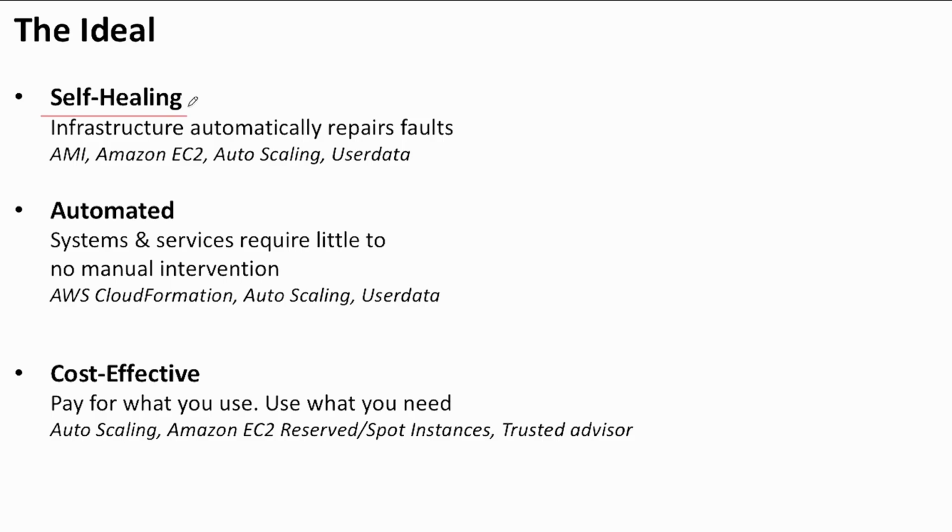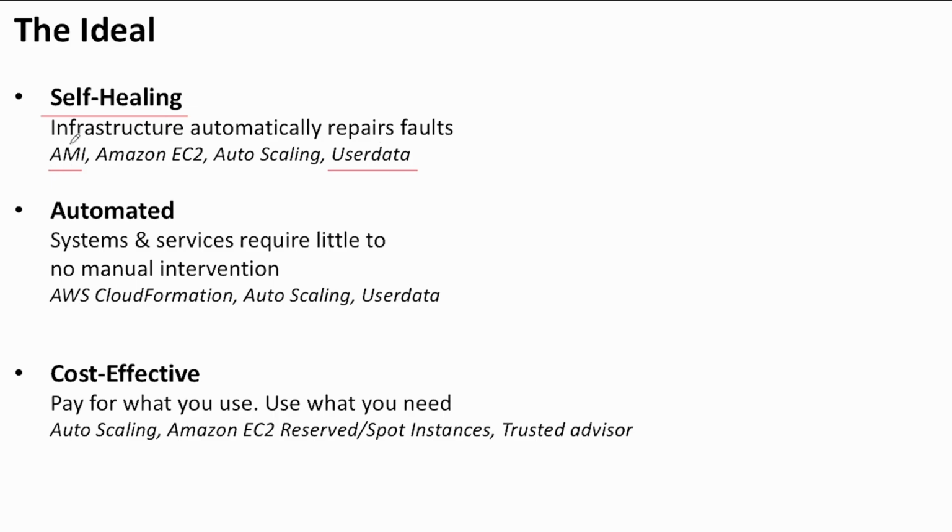Other aspects to an ideal environment would be that our systems are self-healing. Self-healing meaning that they fix faults on their own. And the keys to doing that are leveraging machine images that are pre-built with the software that you need, perhaps pre-configured to some degree, but leveraging user data. Remember, we have access to user data so that we can script our EC2 instances to get up and running, bootstrap them on first boot, and install what needs to be installed, configure what needs to be configured, and get that machine doing its job as quickly as possible.